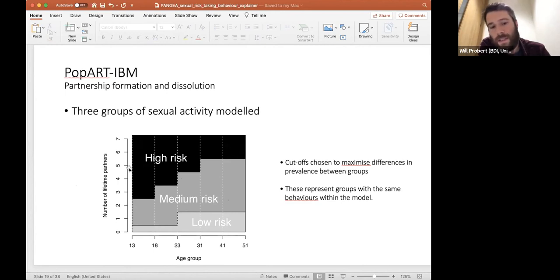So we have high-risk individuals where they have a relatively large number of lifetime partners for a given age group, medium risk somewhere in the middle, and low risk where it's a lower number of lifetime partners.